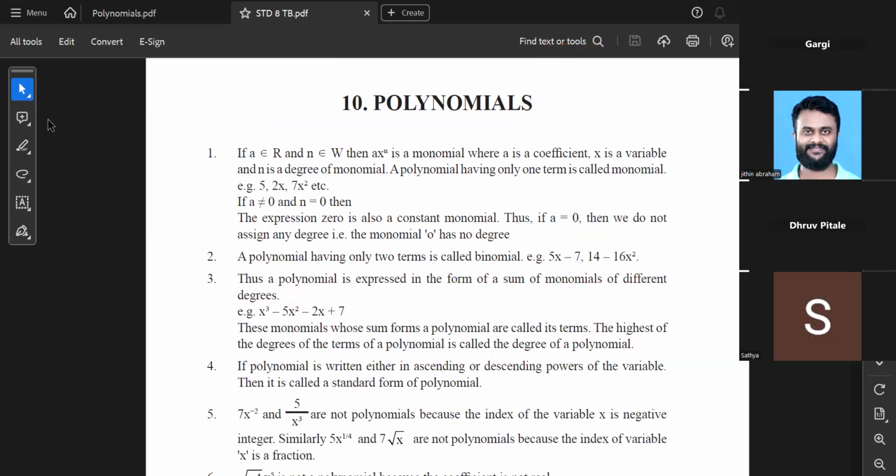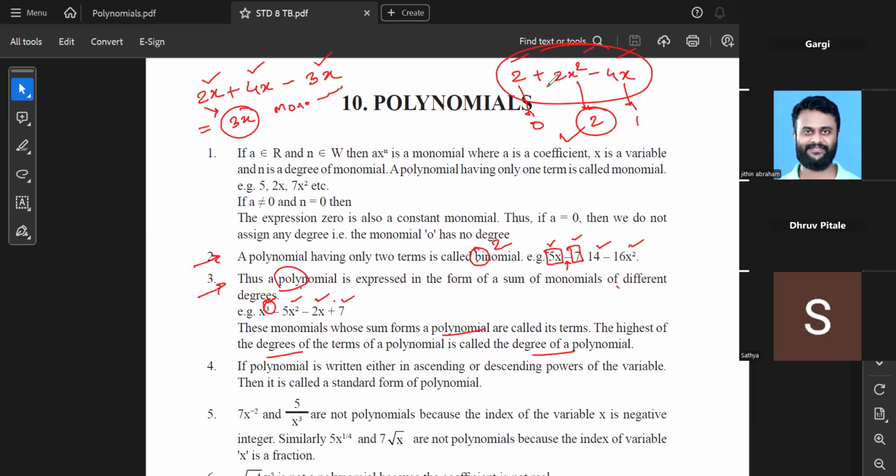Okay. So the next one: if a polynomial is written either in ascending or descending powers of the variable, then it is called the standard form of the polynomial. Like previously, how I've written over here. Initially, the order was 0, then 2, then 1. So it is neither ascending nor descending.